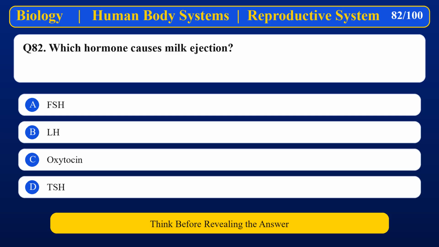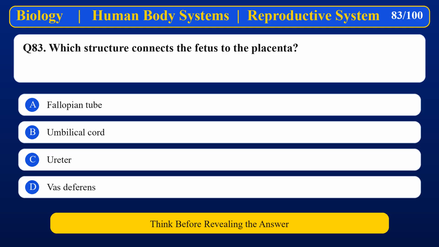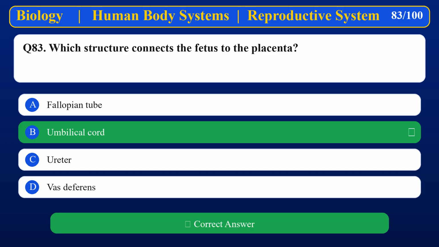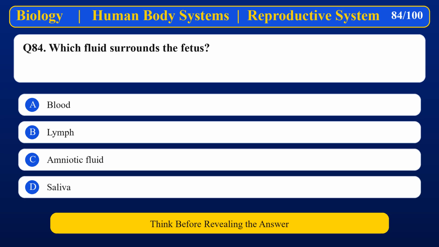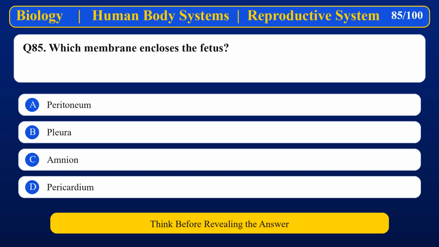Which hormone causes milk ejection? Oxytocin. Which structure connects the fetus to the placenta? Umbilical cord. Which fluid surrounds the fetus? Amniotic fluid.